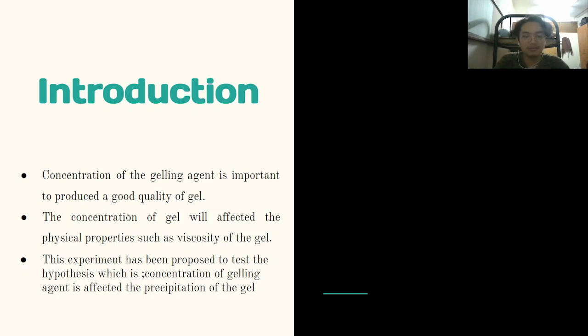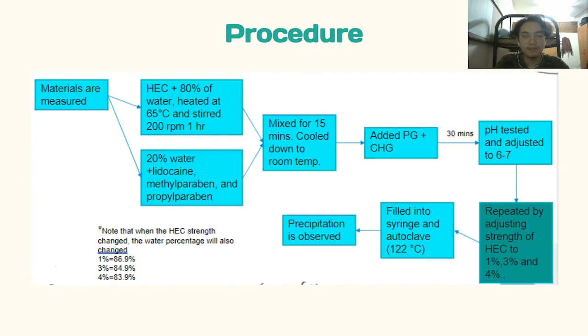This experiment has been proposed to test the hypothesis that concentration of gelling agent affects the precipitation of the gel. Moving on to the procedure, it is the same as lab 1 and lab 2, except for the repetition part, where we manipulate the strength of the gelling agent to 1%, 3%, and 4%.